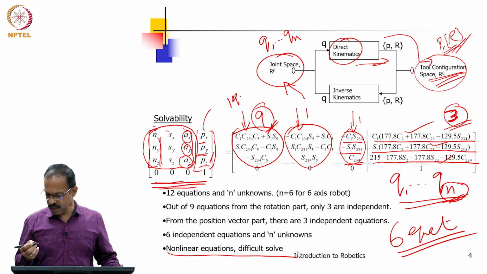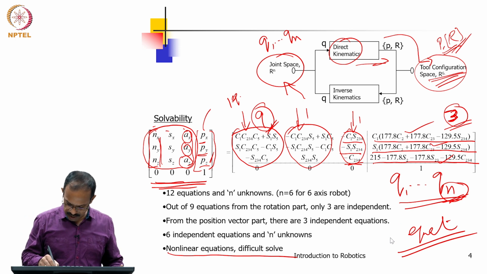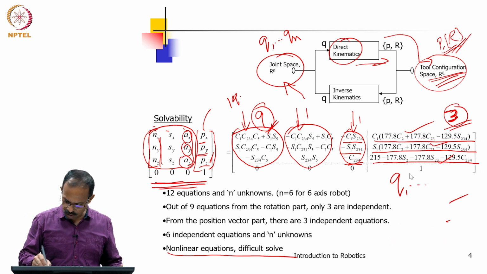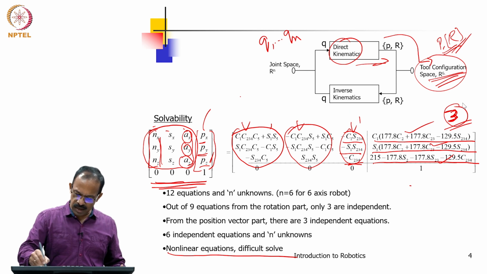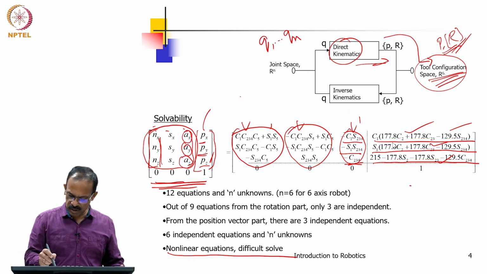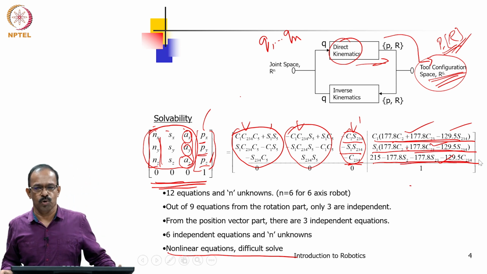That is the difficulty with inverse kinematics, and that tells you the solvability aspect of the inverse problem. We have 6 independent equations and n unknowns, and the relationships you are seeing here are nonlinear equations and not that easy to solve.